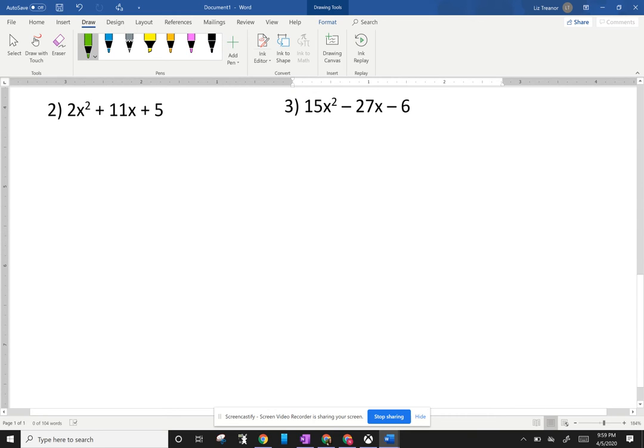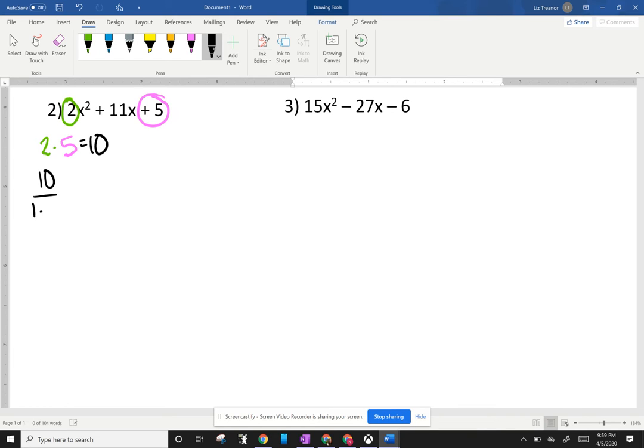Okay, in example 2, 2 is a, so 2 times positive 5 equals 10. The factor pairs of 10 are 1 times 10, negative 1 times negative 10, 2 times 5, and negative 2 times negative 5.